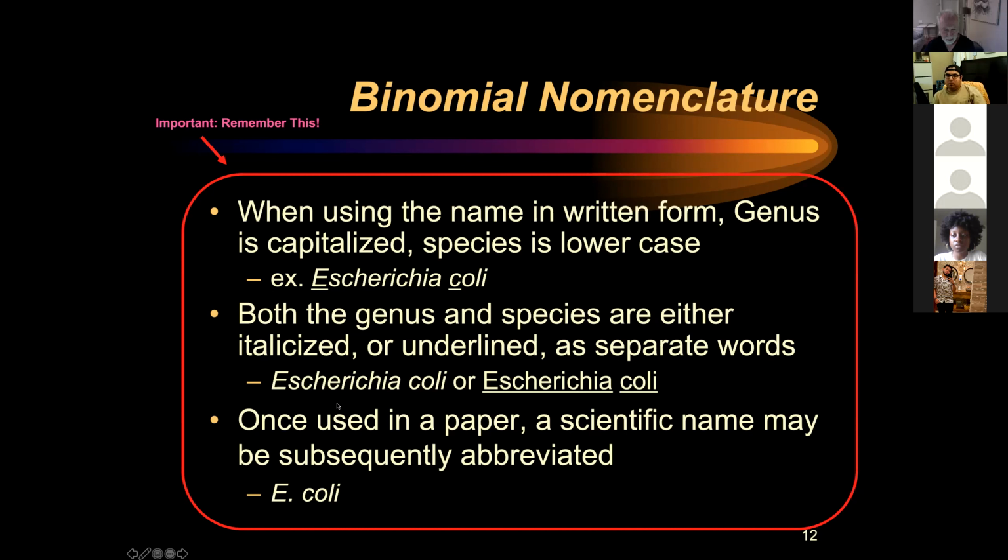And once a binomial is used in a paper, the first time it's used, it's elaborated in full, but after that it's abbreviated. So instead of writing out Escherichia coli every time, after the first time, you'd simply say E. coli.